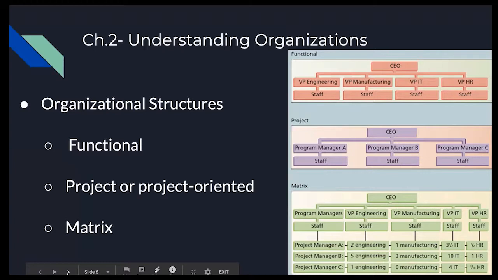That is the organization split into different functional aspects of the company, and then there's staff working under those functionalities that are specialized in that. And then there's project based. These are companies that just run a whole bunch of different projects, and that's how the organization is divided. There's a project manager, then there's staff under the project manager that gets the project done. And then the matrix is sort of a mix of these two.